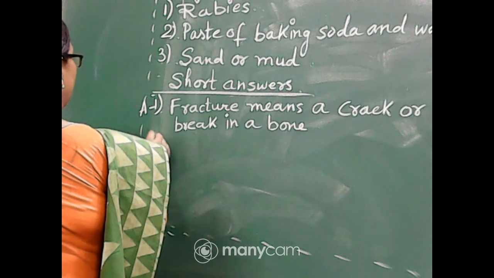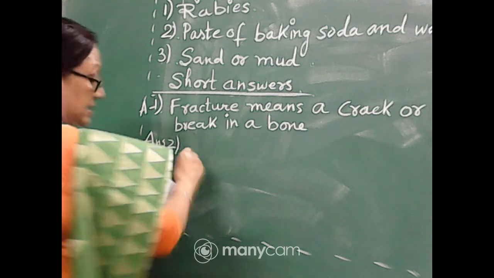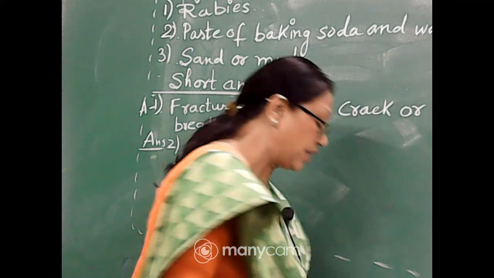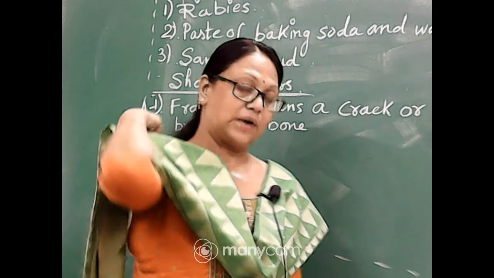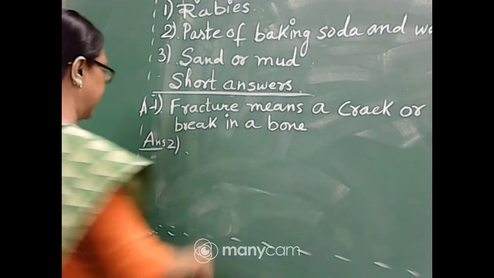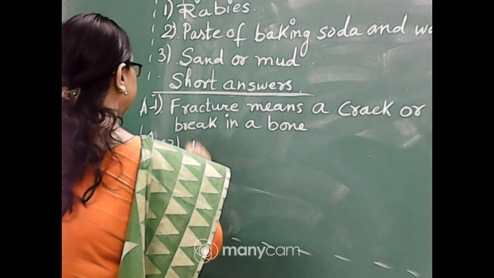Now number 2. The question given here is, list any 3 safety measures for preventing fire. I have written 3, but if you want to write some other 3, you can opt, but whatever I am writing, I have chosen that. So 3 preventive measures.